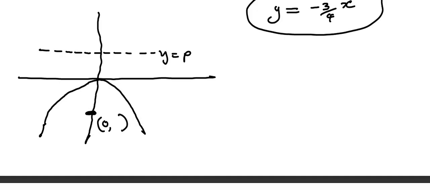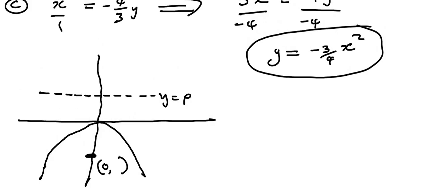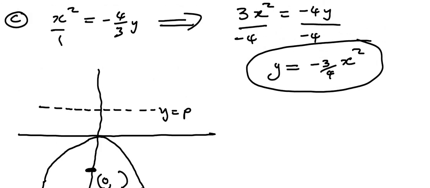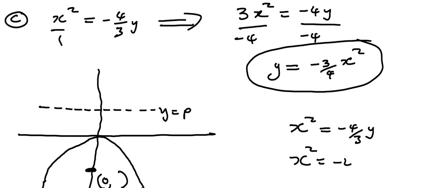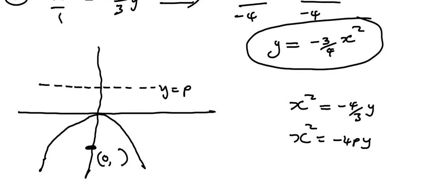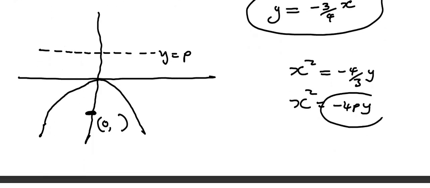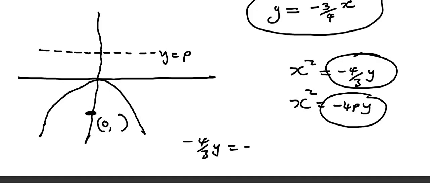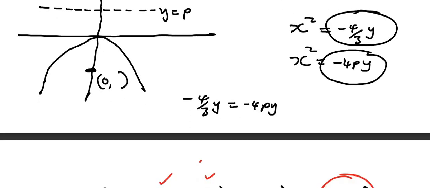So how do we solve for our p? This equation is going to mirror which equation? I'm going to write this: x squared is equal to negative 4py. I'm going to get this part and equate it to this part. That's negative 4 over 3 y is equal to negative 4py.